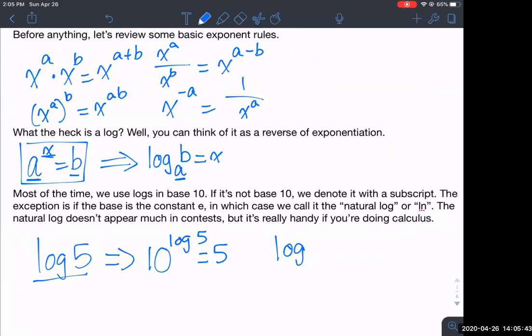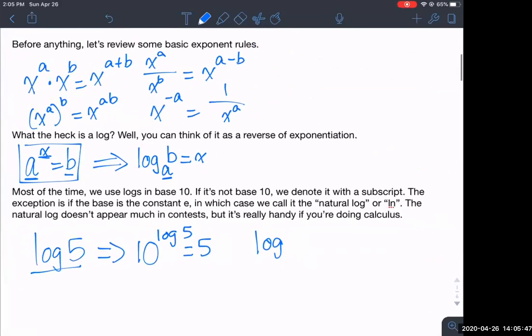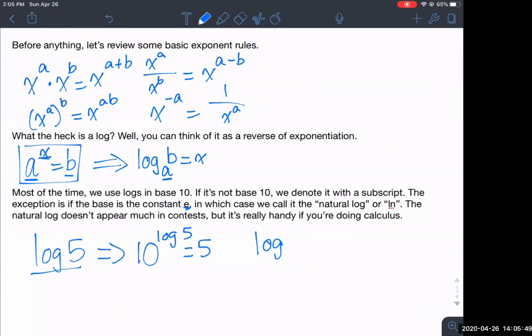You can use whatever base you want. There is one exception to this, and that's if the base is the constant e. If you don't know what e is, don't worry about it too much. In which case, you'll call it ln, or natural log. It doesn't appear much in contests. I might go over one question that includes this, but it's really handy if you're doing something like calculus. You probably don't have to worry about that now.